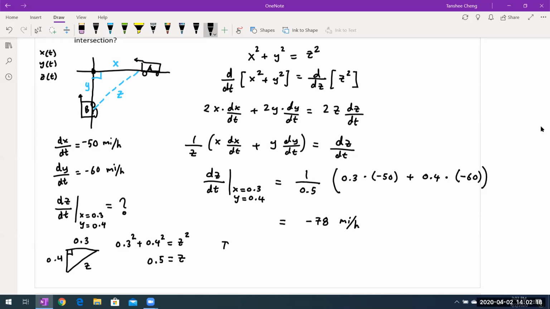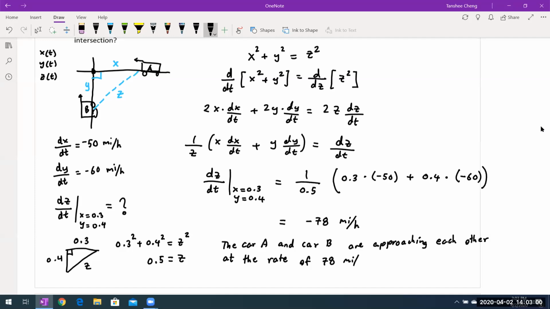We are talking about car A and car B approaching toward each other at the rate of 78 miles per hour.